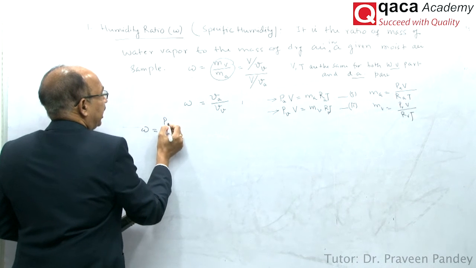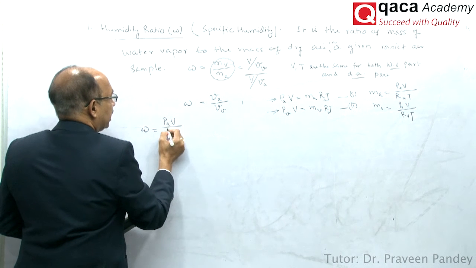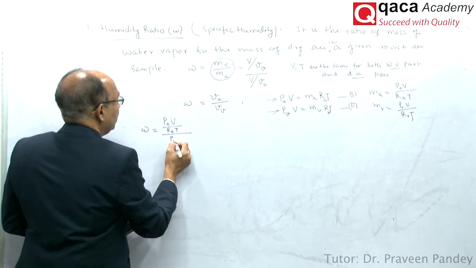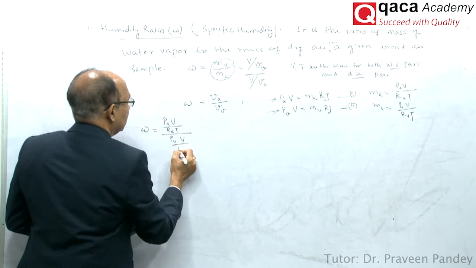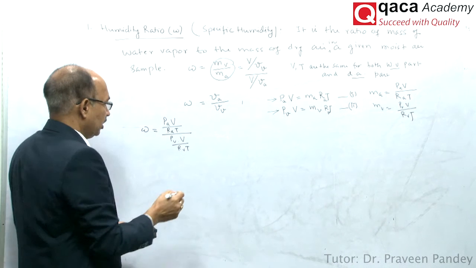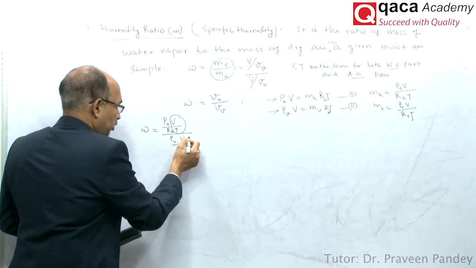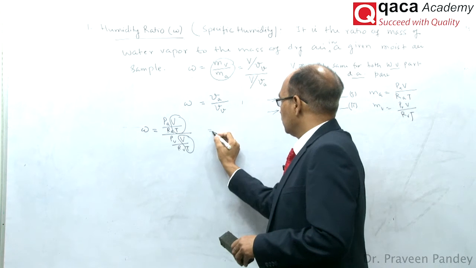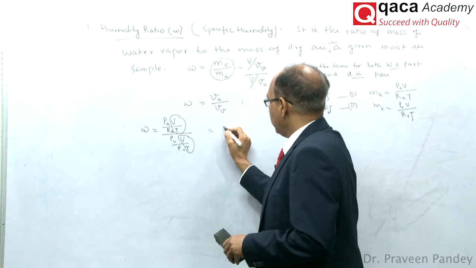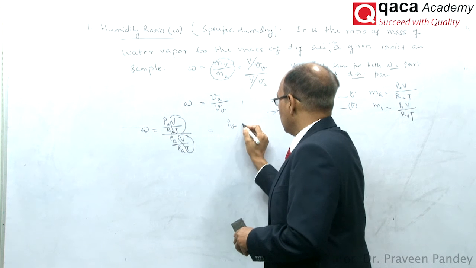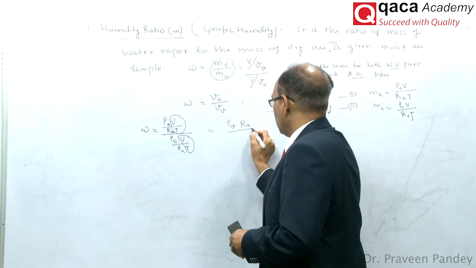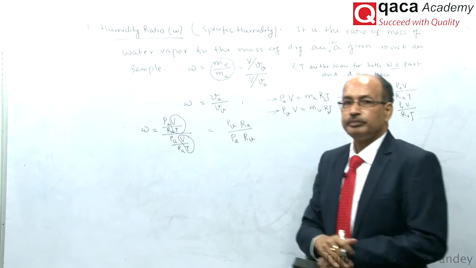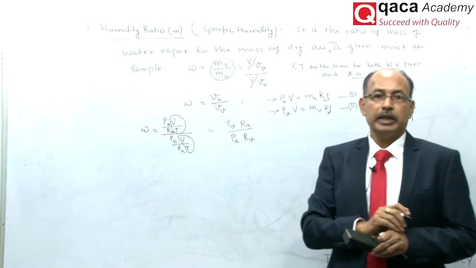So, we can write this as P_V V by R_V T divided by P_A V by R_A T. We can see both numerator and denominator have the V by T term. So, this is simplified as P_V into R_A by P_A into R_V, because V by T gets cancelled.